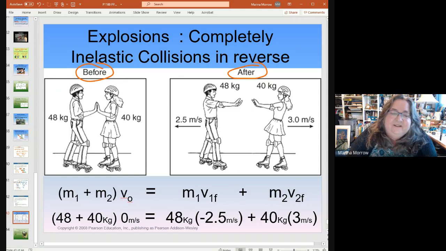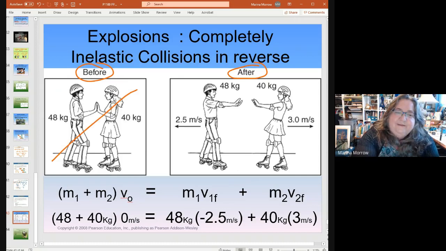So they start off, though, with 0 momentum. This whole picture, this whole left side, has no momentum because they're standing still. Each of them has a velocity of 0, right? And together, they have a velocity of 0.